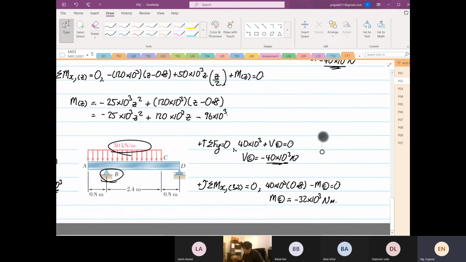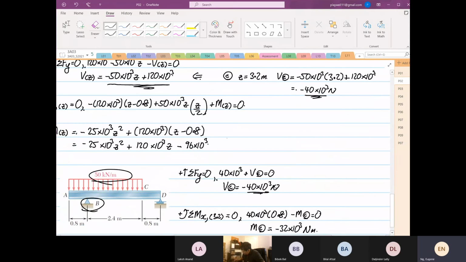Again, you can use this equation over here to check at point C where z is equal to 3.2.